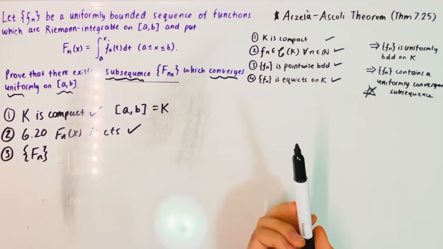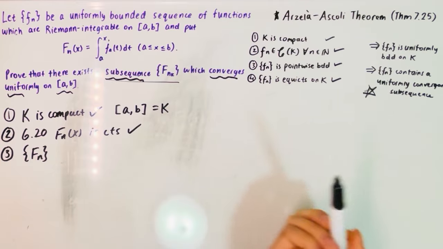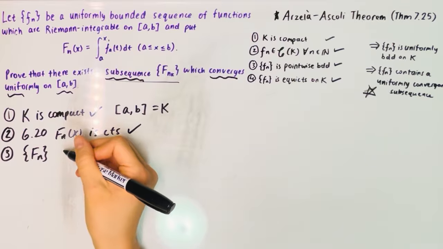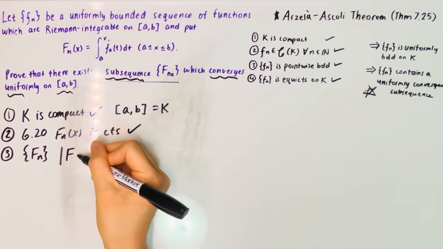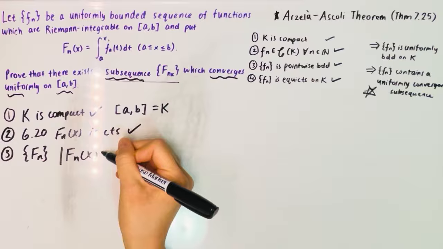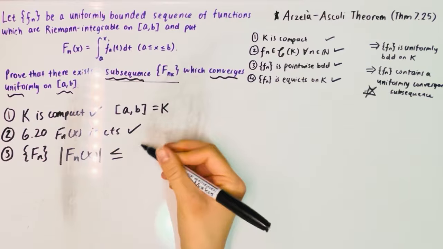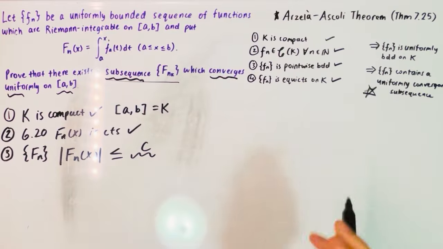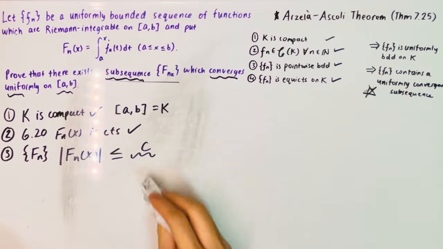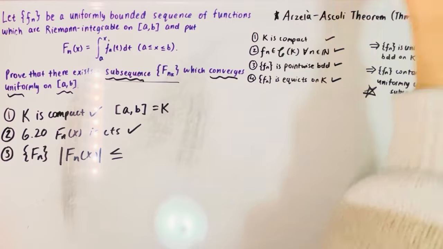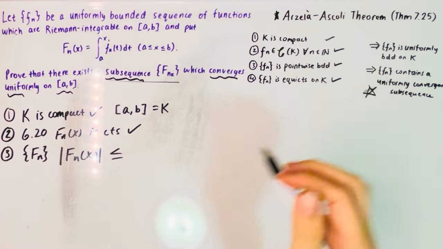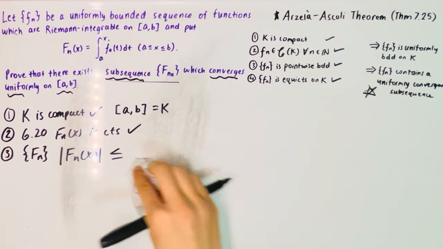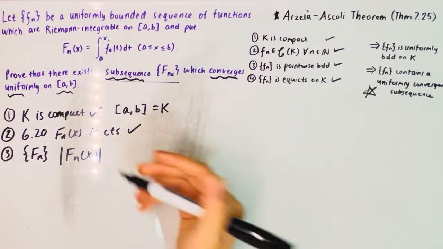And this is actually a lot easier to see, because we can just see, is it smaller than or equal to some constant? And if it's smaller than or equal to some constant, then we know it's uniformly bounded, and then we can say it's pointwise bounded.